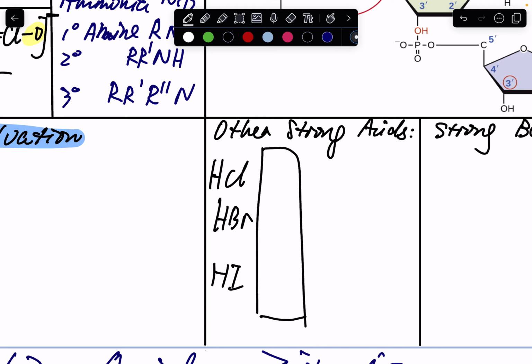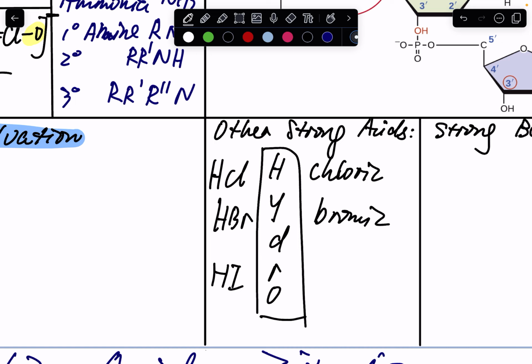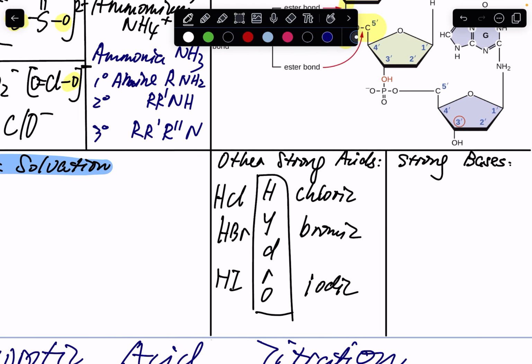Did you know this? They all start with hydro. The first one is hydrochloric acid, the second one is hydrobromic acid, and lastly is hydroiodic acid. So those are the other three strong acids.